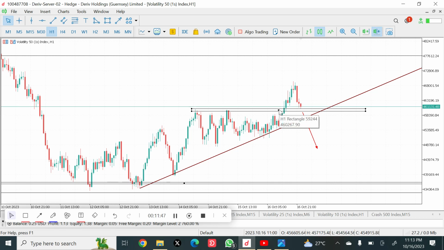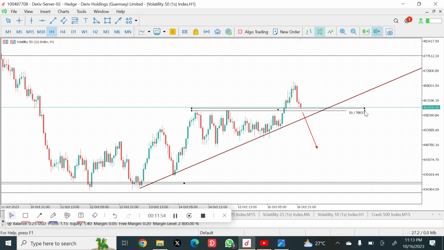If it's a zone, I prefer using the rectangular tool to draw my zone. First touch, second touch, and then we had a break, and price is coming for a retest. So if that area should fail, then I'll be expecting price to move into this demand zone right at this area.